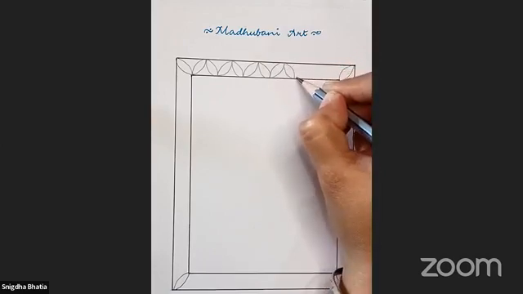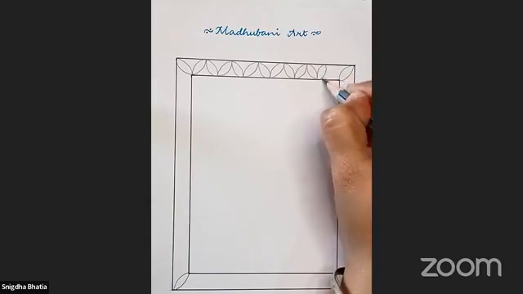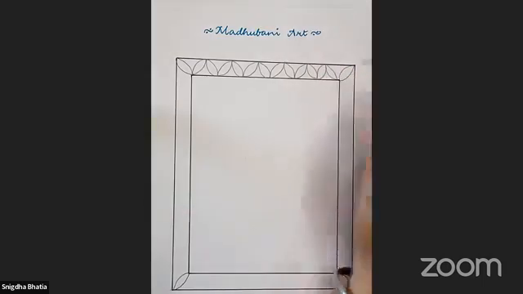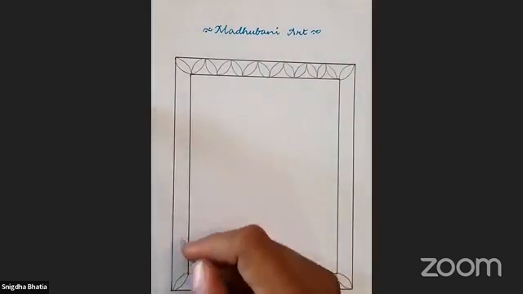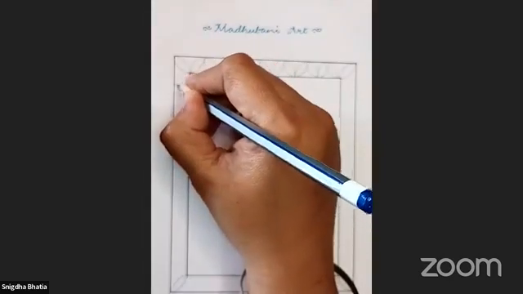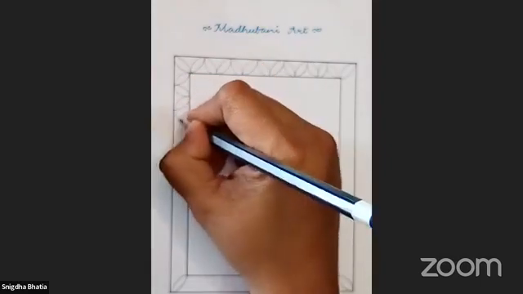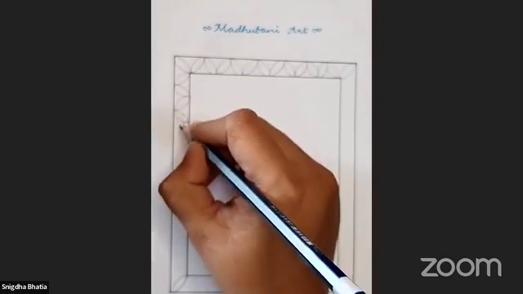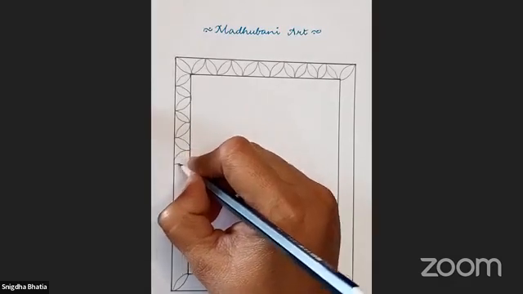Two diagonal leaves. And we are going to repeat this motif all around the border. We'll be adding the details later with a pen directly.